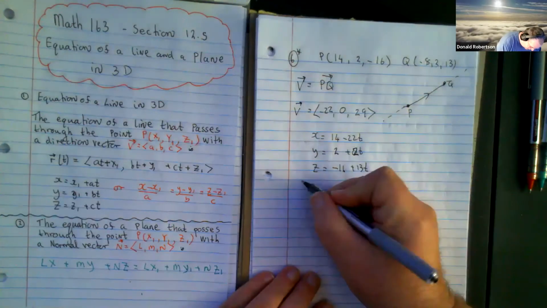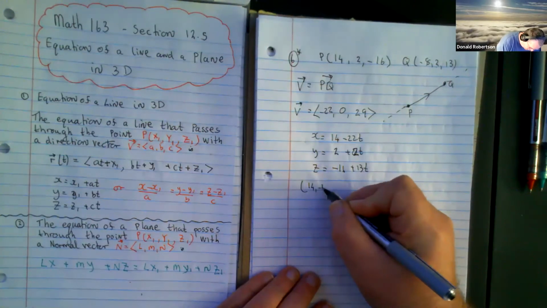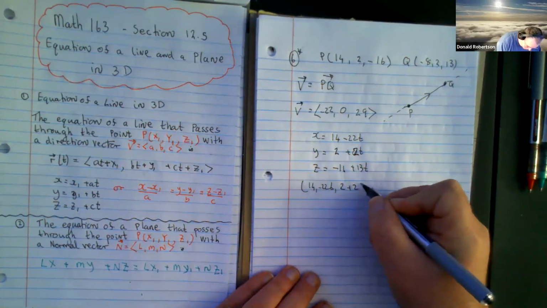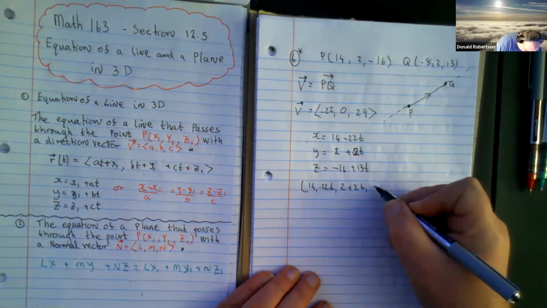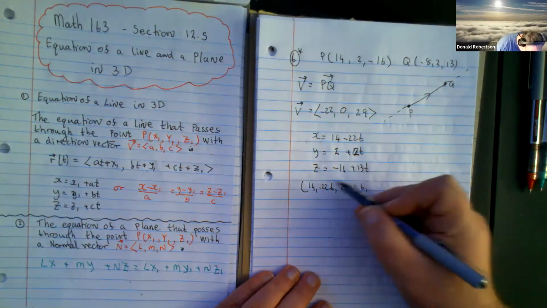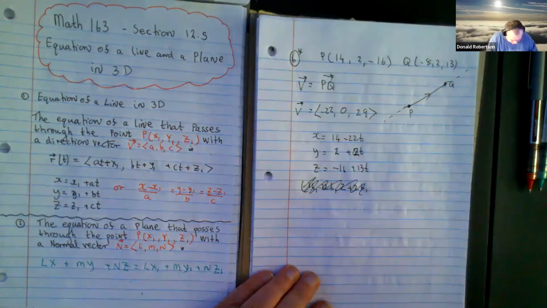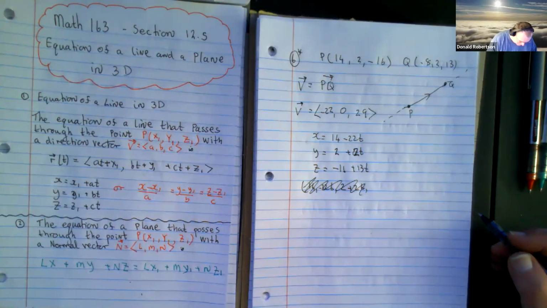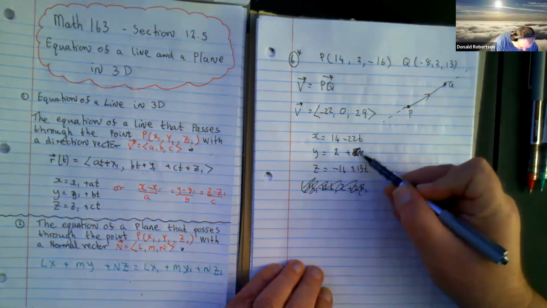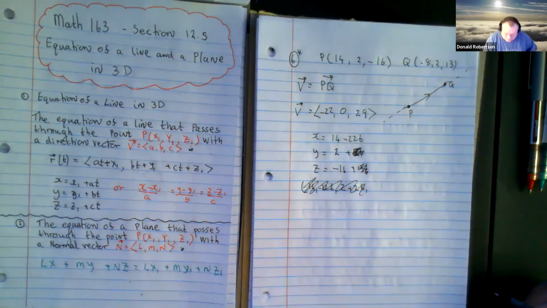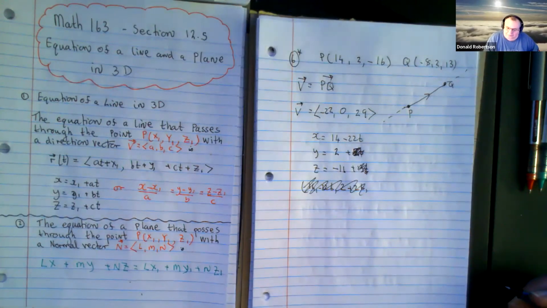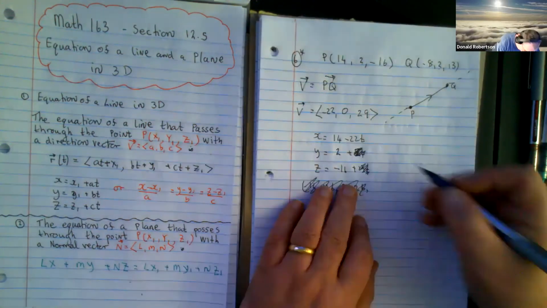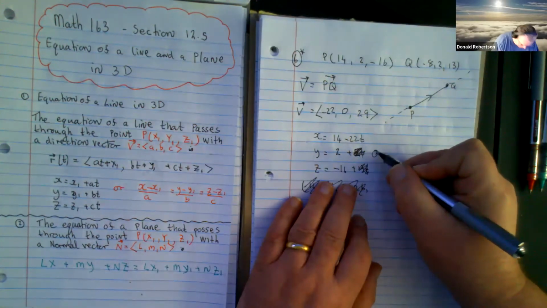And in WebAssign, you'd have to write down the parametric form like this. And nobody caught my mistake. Come on, guys. What did I do wrong here? Two plus nothing t. I was right the first time.